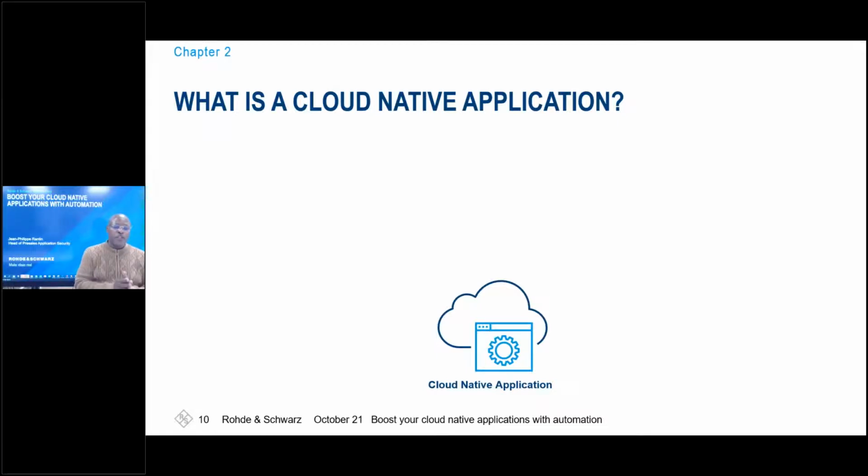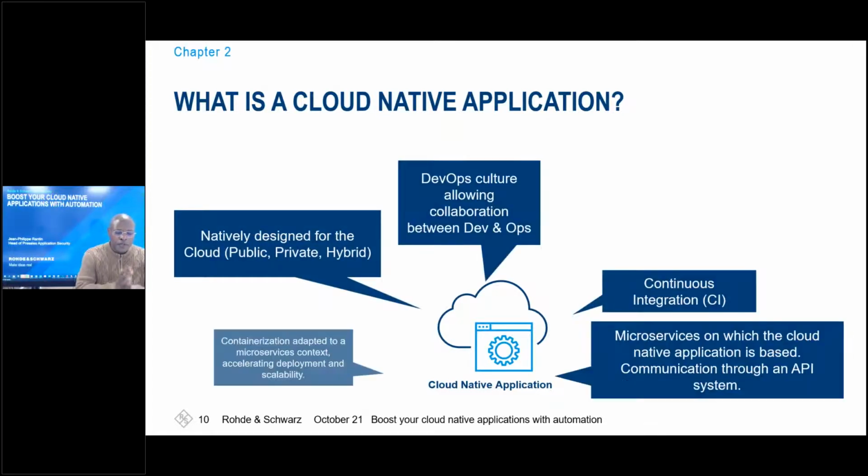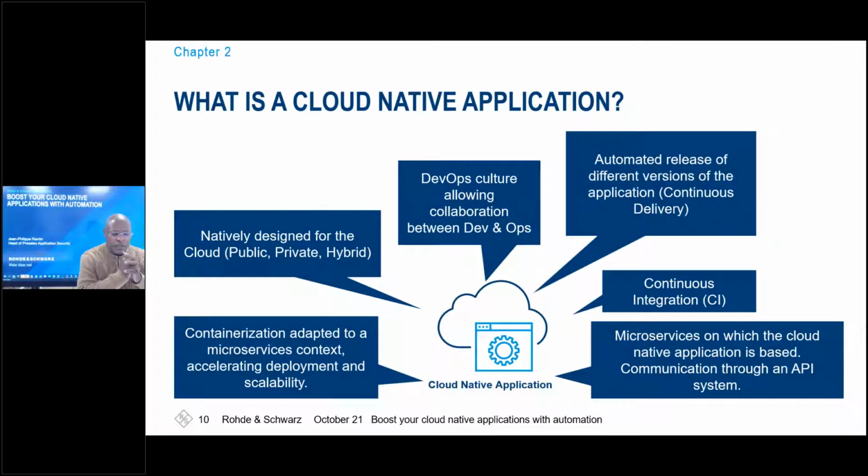So what do we call a cloud native application? If I summarize what I've talked about just before, the first thing is, of course, to be natively designed for the cloud. So it should be able to be deployed in the public, private or hybrid cloud natively. The second thing is the nature of DevOps by default.